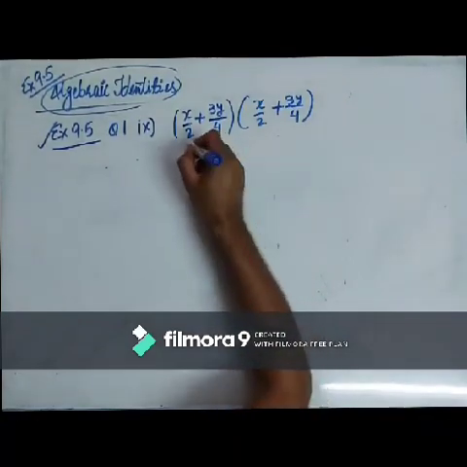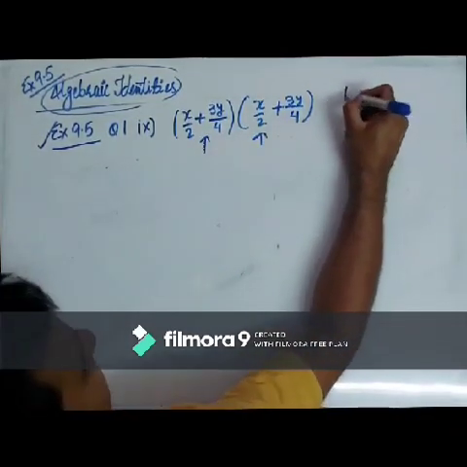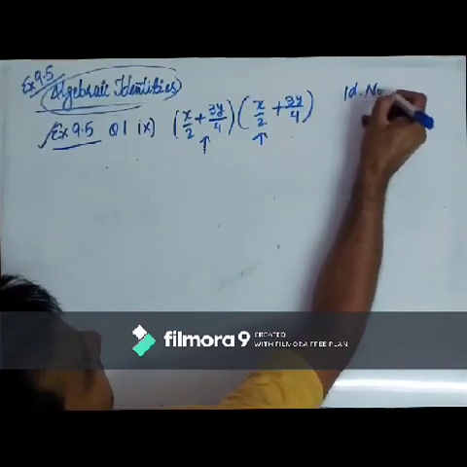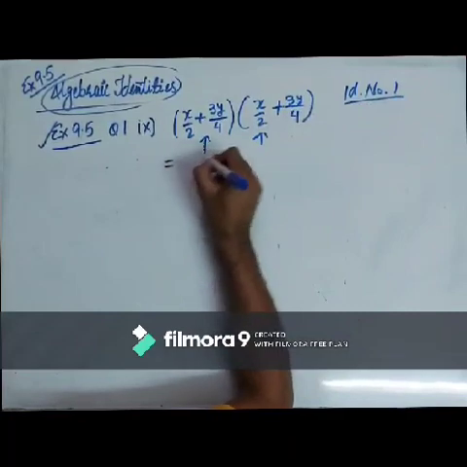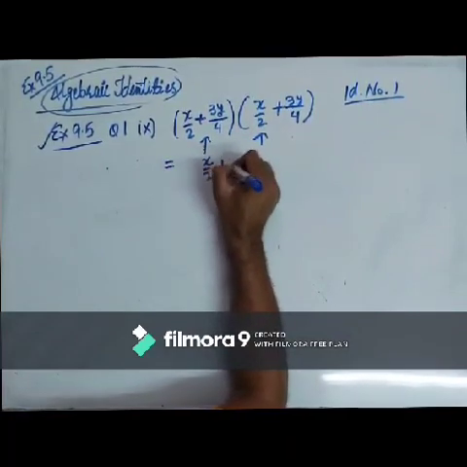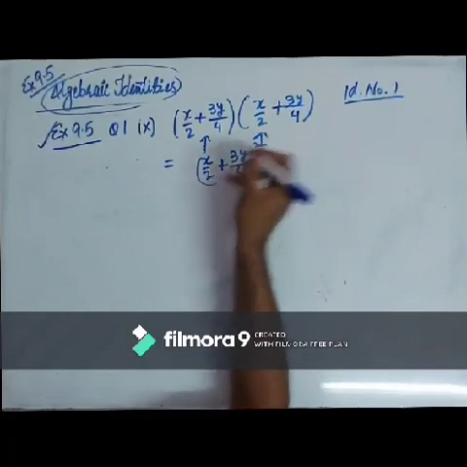So this question of binomial into binomial reminds me of identity number 1, isn't it? So this can be rewritten as (x upon 2 plus 3y upon 4) whole square, right?